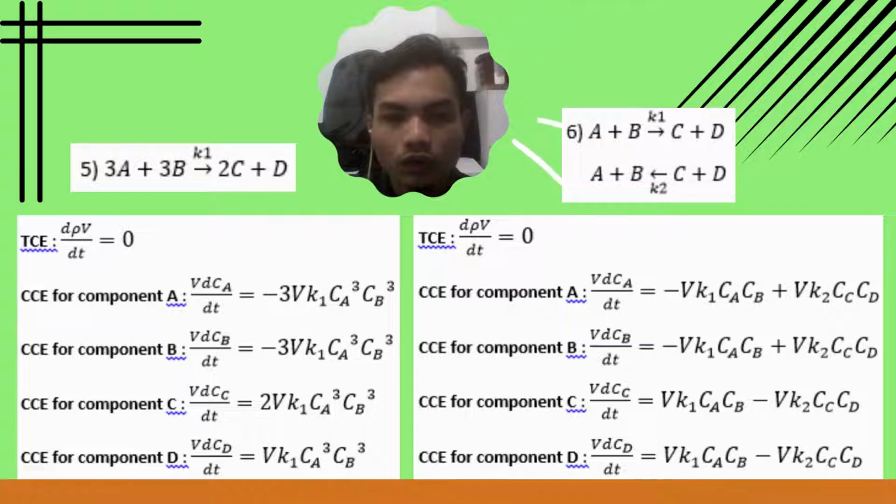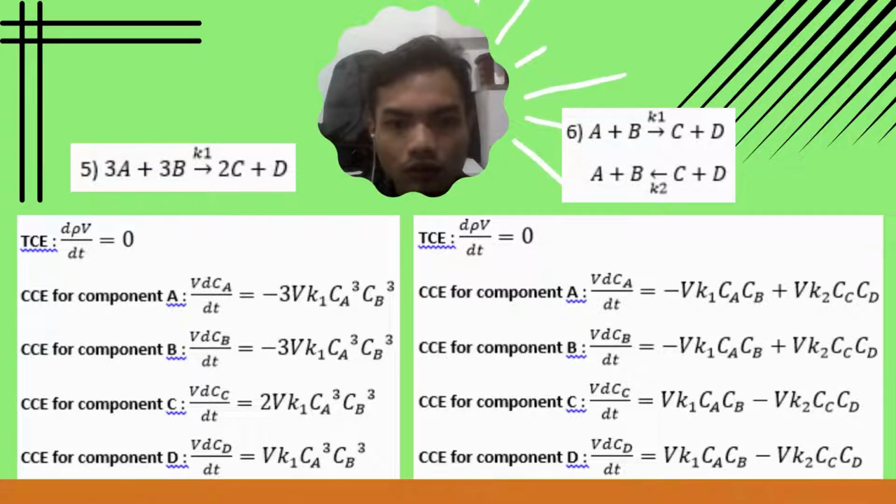Next, we go for a more complicated example. So we got example 5, we got 3A plus 3B produce 2C and D. Same goes for the TCE, we got 0 because of no flow in and flow out. For the CCE for component A, we have VdCA over dt equal to negative 3VK1CA power of 3 CB power of 3.